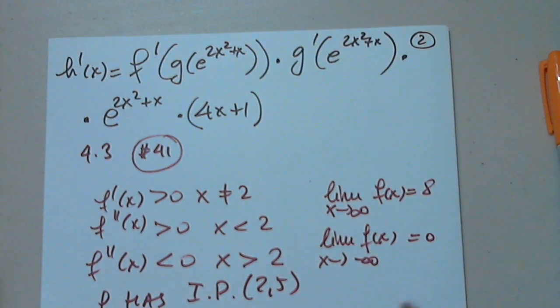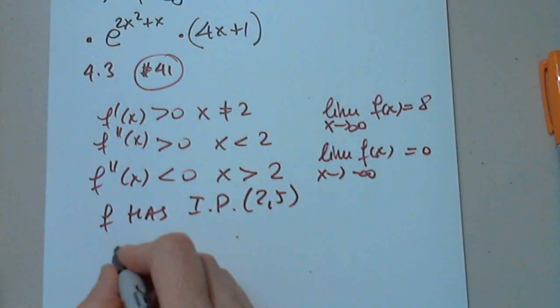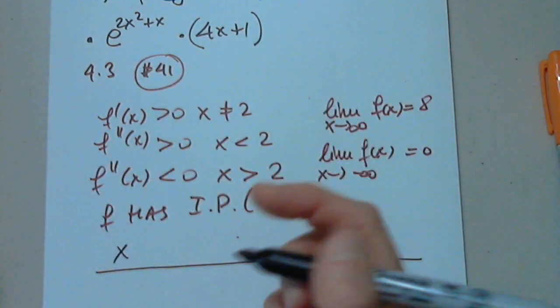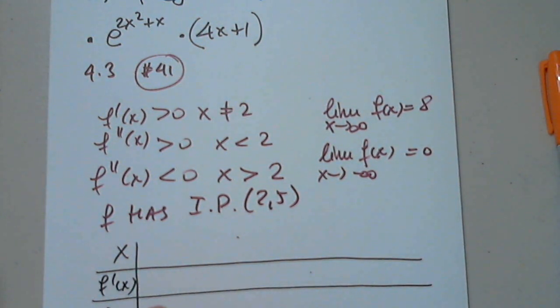It's very good practice for the test and for the table especially. Again, this means nothing to me. I'm never going to look at this and come up with anything. I don't want to waste my time. I have to organize all the information in the table.